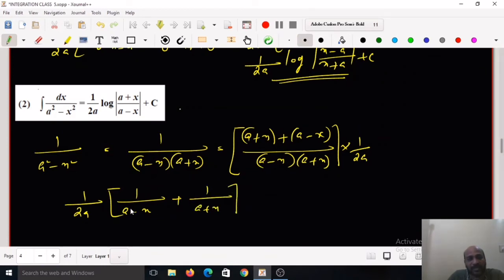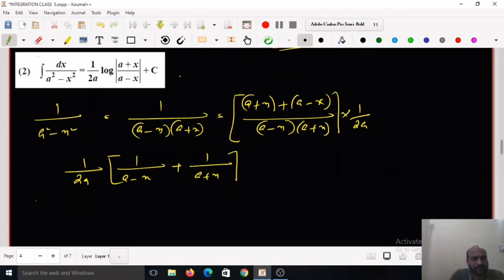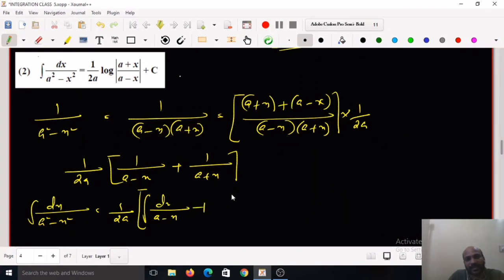Okay. We split into two functions. Therefore, integration of dx by a square minus x square is equal to 1 by 2a into integration of dx by a minus x plus integration of dx by a plus x. Okay.